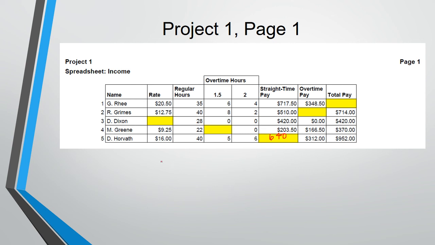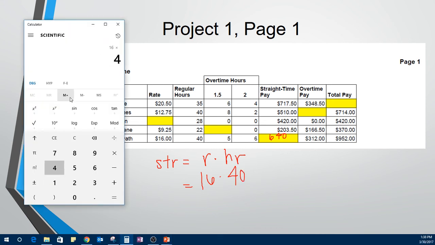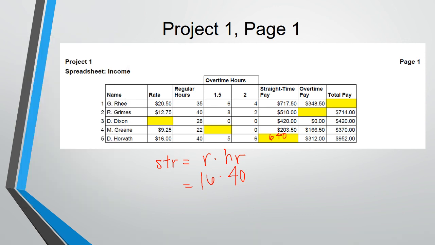Or we can use the straight time pay formula, the rate times the number of hours. In this case, the rate is $16 and Horvath worked 40 regular hours. So 16 times 40 will also give you $640. Again, it doesn't matter which way you do it, you should get the same answer. So that's it for page 1 of this recording.